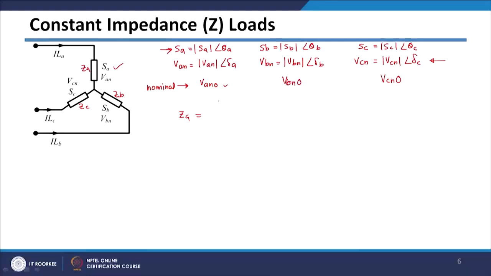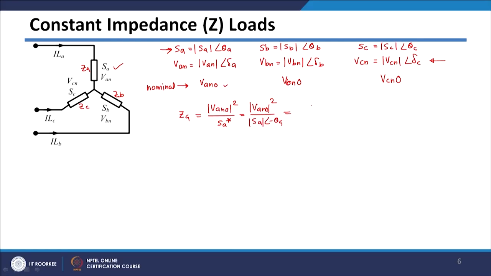ZA will be VAN0 square divided by SA star, which is VAN0 square divided by SA angle minus theta A, because we are taking the complex conjugate.